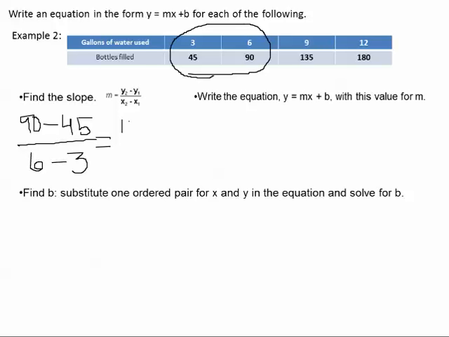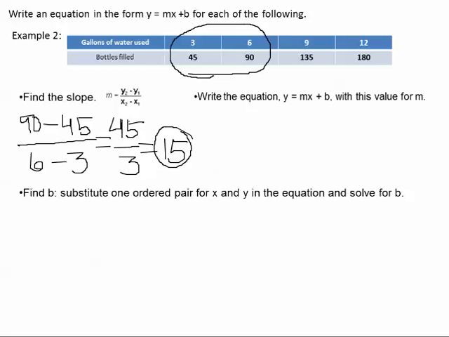My bad, it is not 15, it's 45. And then 6 minus 3 is going to give me 3. And now when I simplify this, 45 divided by 3 is going to give me 15. So my slope is 15.